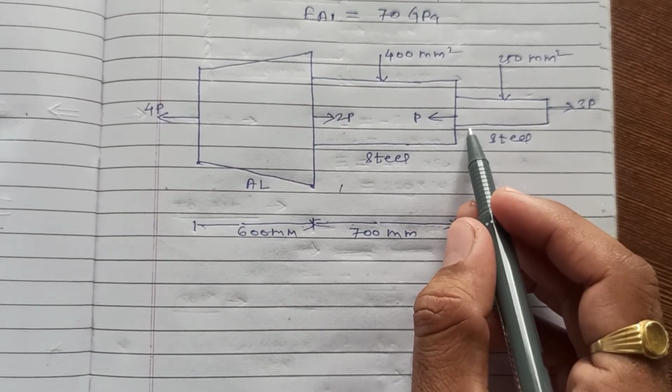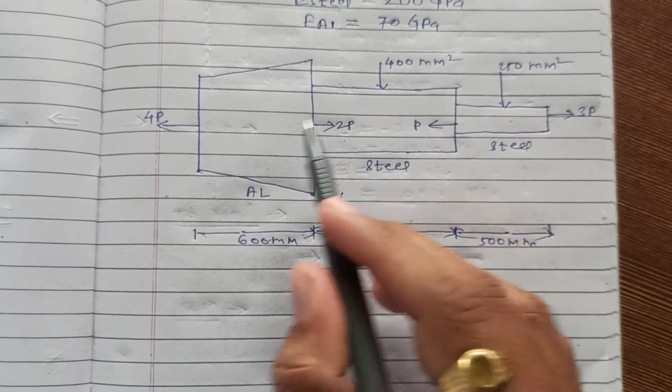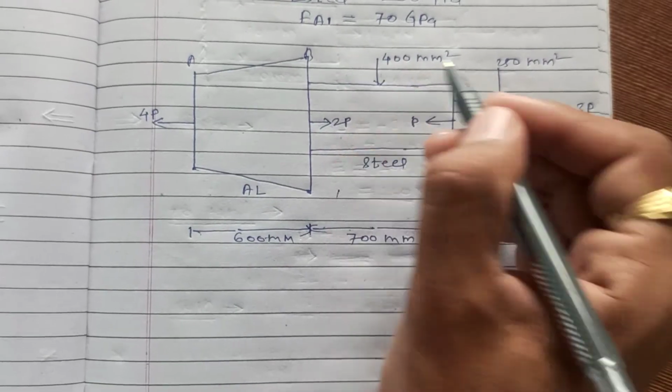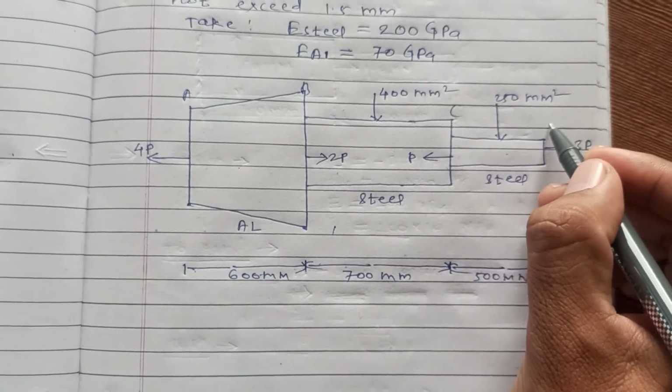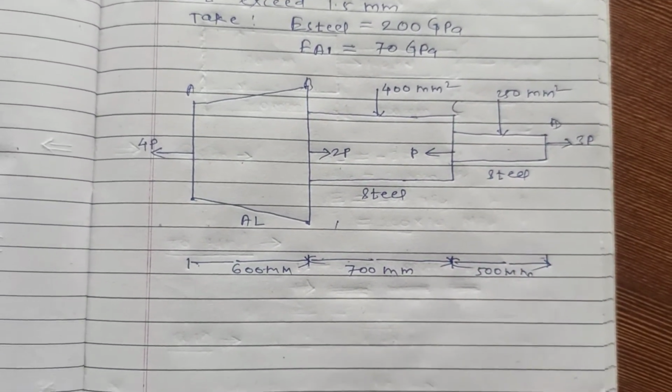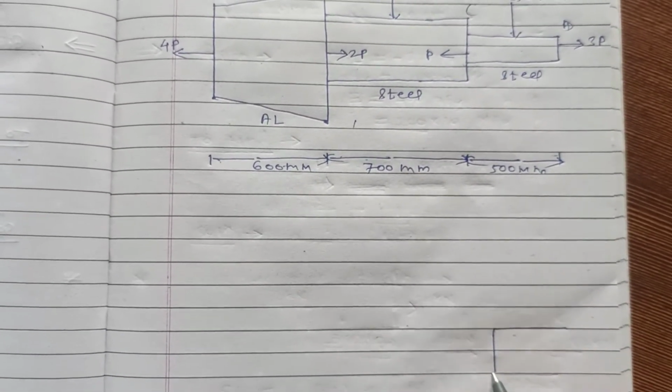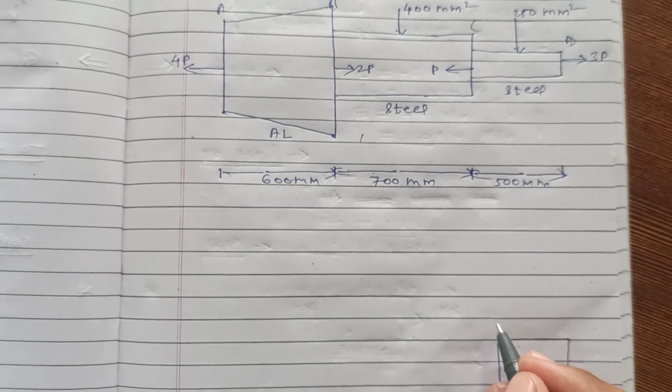We will start from this element, next this, and this last. Let us consider A, B, C and D. So we will start from element CD.